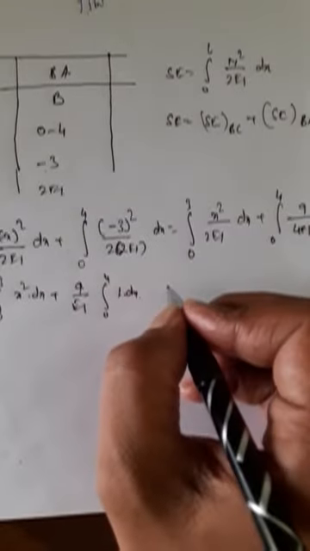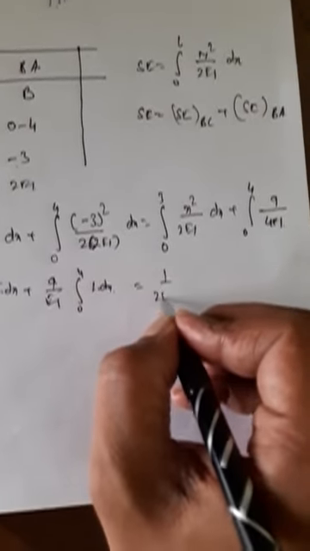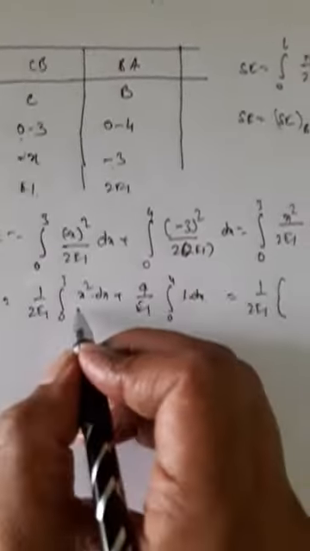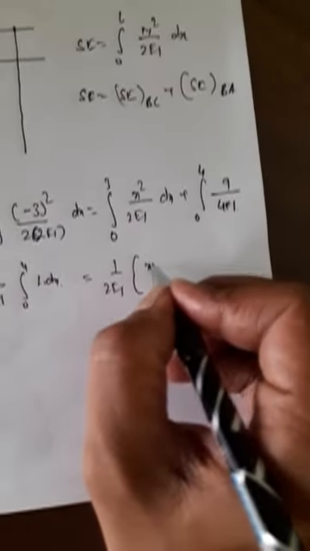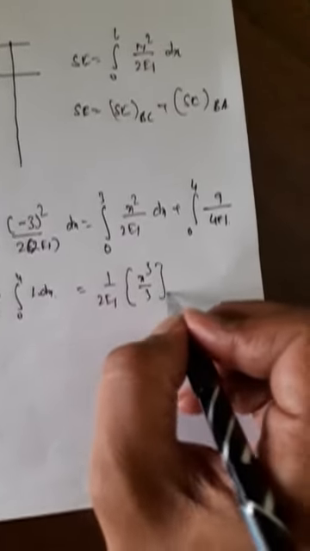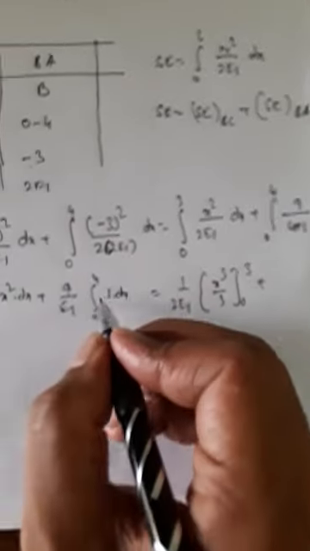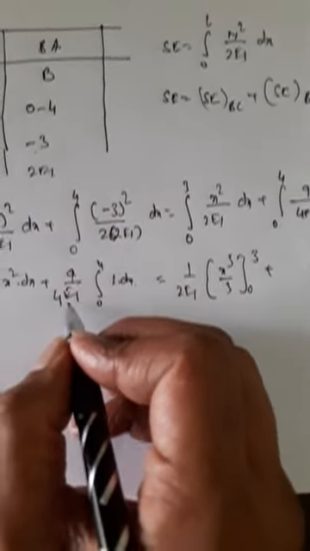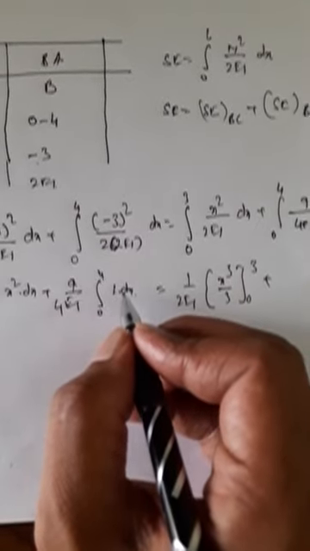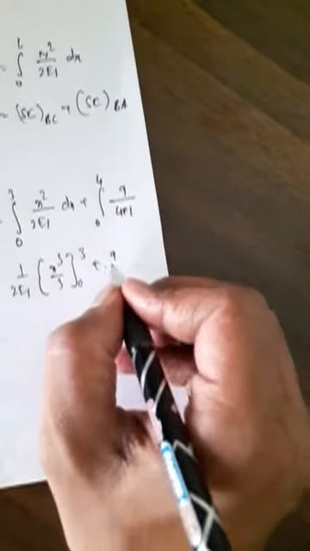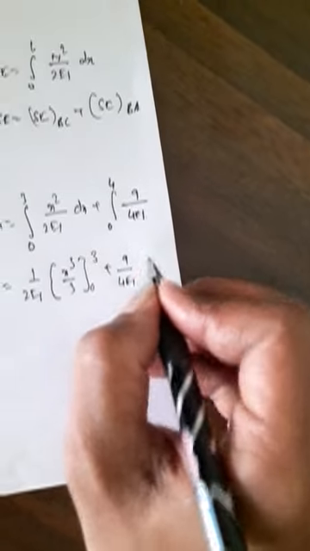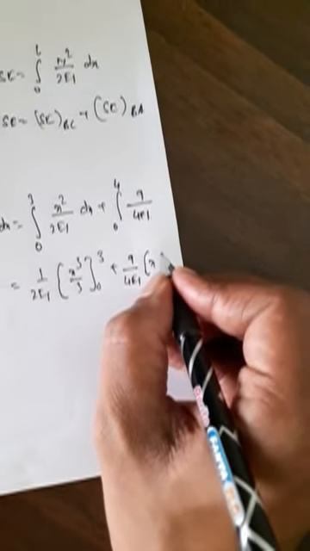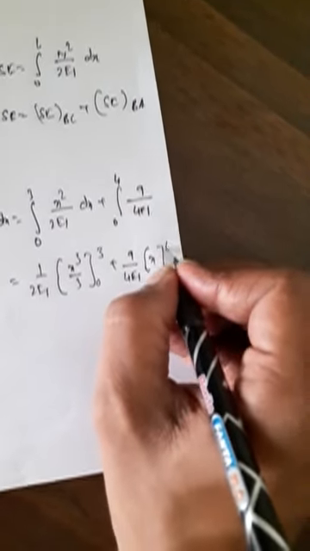Now integrate them. 1 upon 2EI, integration of x square, x cube by 3, 0 to 3, plus 9 by 4EI, integration of 1 is x, 9 by 4EI x, 0 to 4.